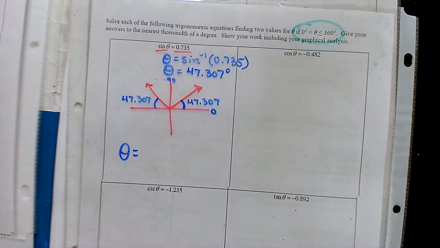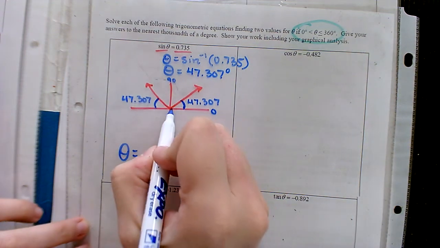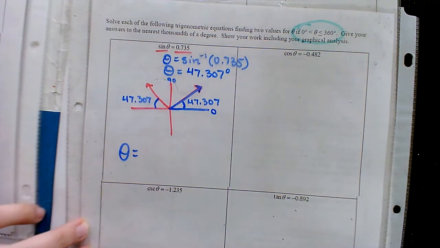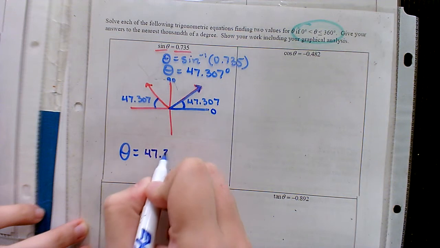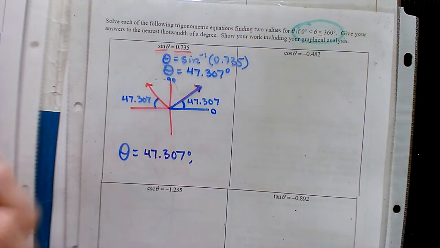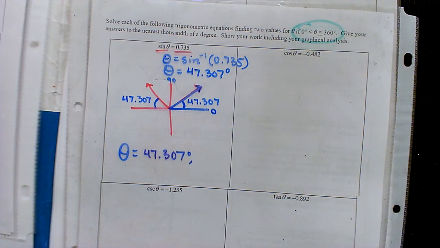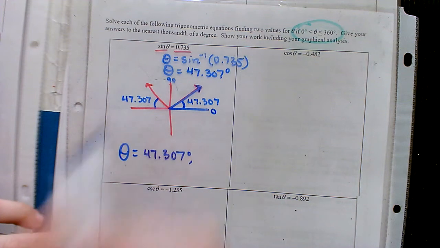So we should be able to figure out what these two angle measurements are. Let's see, the one in the first quadrant is just going to be that 47.307 degrees. How can we figure out the other one, though, in quadrant 2? What do you think, Marie? Subtract the 47 from 90.